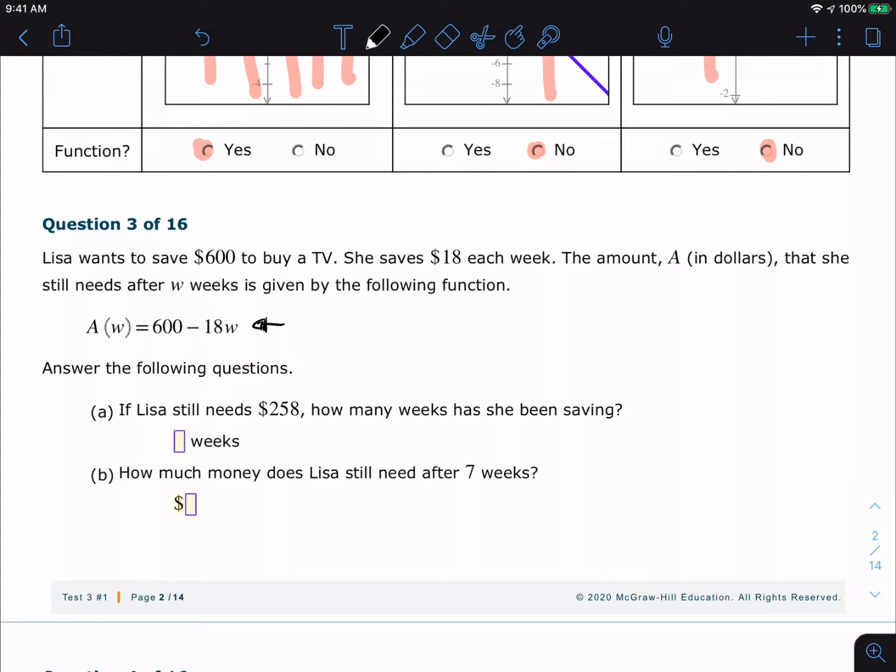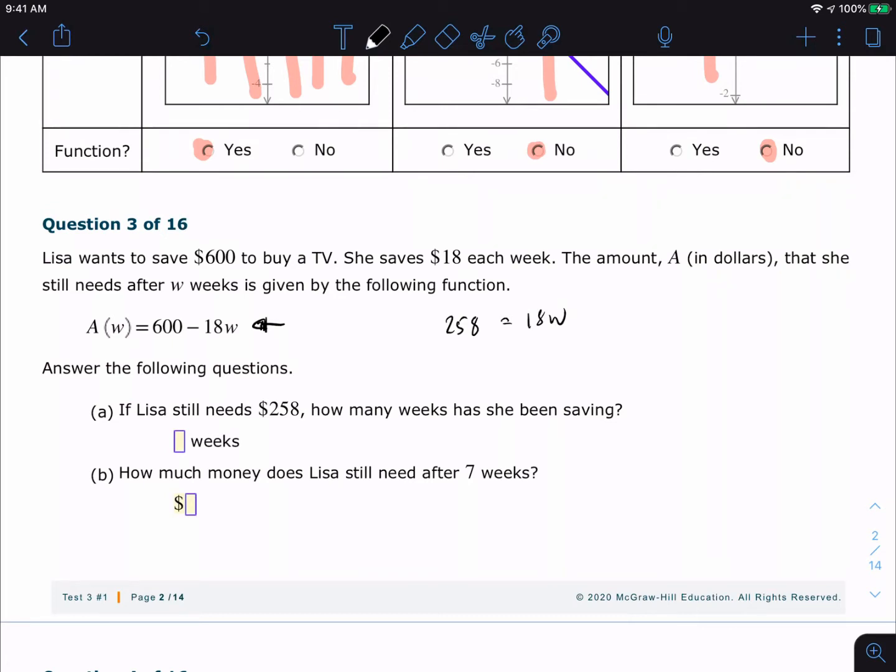So we can look at this, right? If she still owes that much money, what we're going to do is find out how many weeks she needs to get to that amount. So if she still owes $258 and she's saving $18 a week, we're going to go with this, and then we're going to divide.